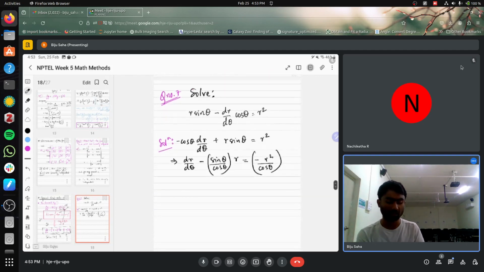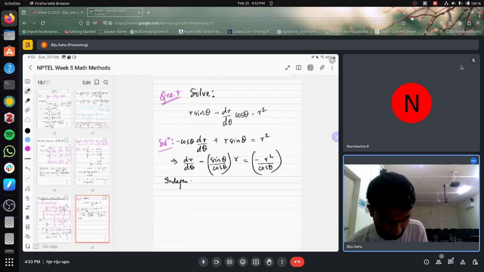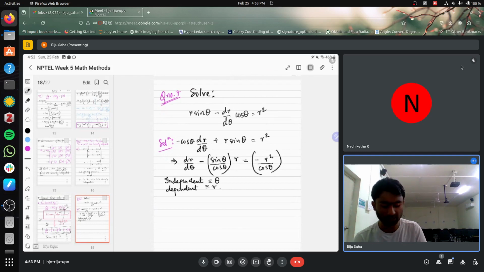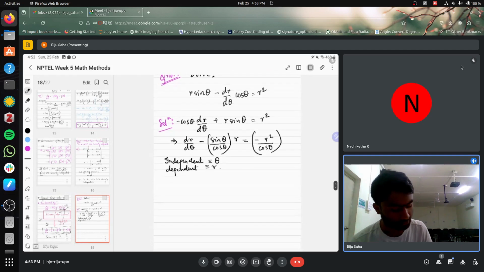So in this particular problem, your independent variable is theta and your dependent is r. Clearly this is non-linear because this term involves r square, so that makes it non-linear. So now how to solve this?